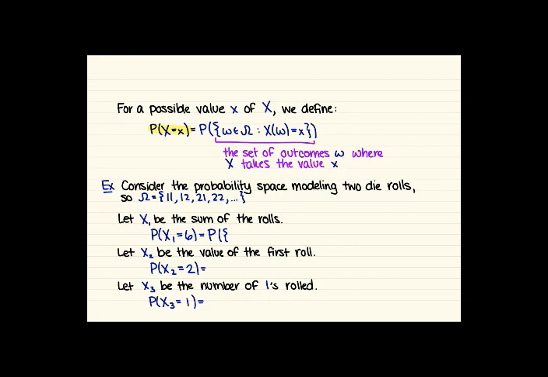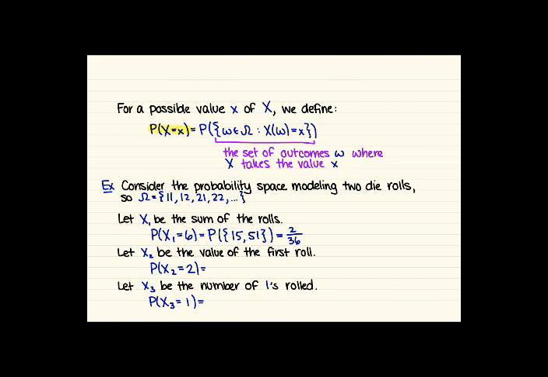So if the sum of the rolls is 6, the ways that that can happen is we could have (1,5) or (5,1), and more. So then looking at the probability of that event, that's just going to be 2 over 36. So it's sort of natural if you don't think about it too much, that we're looking at the probability that the sum of the rolls is 6. So that notation, probability of X1 equals 6, you can think about that as just the probability that the sum of the rolls is 6, and kind of translate that.